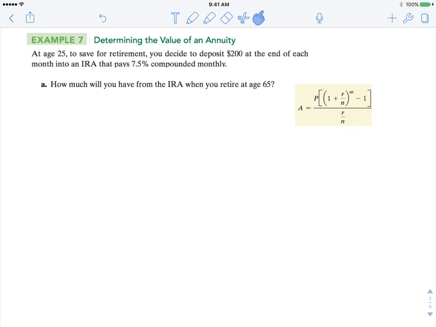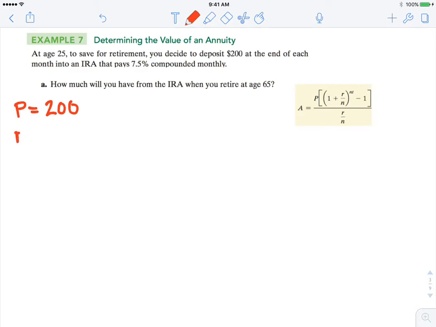How much are you going to have in your account, in your IRA, at the end of your retirement, which is, let's say, 65? So we need to go ahead and identify the principal first, the initial amount. So the initial amount is $200. And every month you're going to deposit $200 more, $200 more, $200 more.